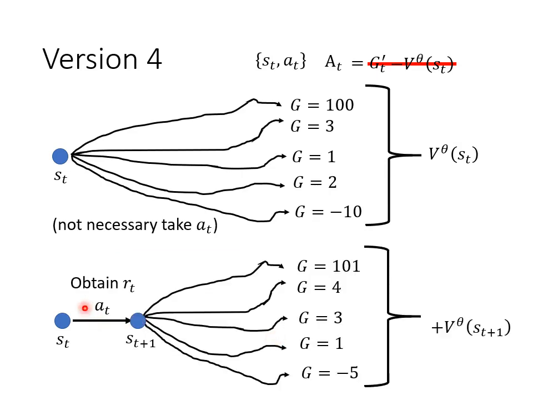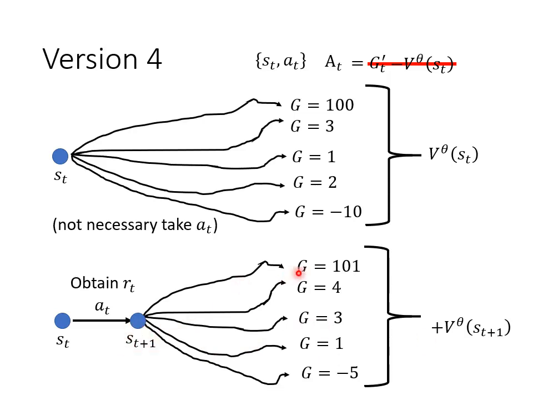We get reward RT after executing AT and advance to the next screen stage ST+1. Then, we take account of all the actions you can make after this stage. Take the average of all the cumulative rewards afterward. This is simply v theta of ST+1. You have to play a lot of games to obtain this value, but it doesn't matter. If you've trained a good critic, then you can directly use v theta of ST+1 as the expectation value of the cumulative reward.